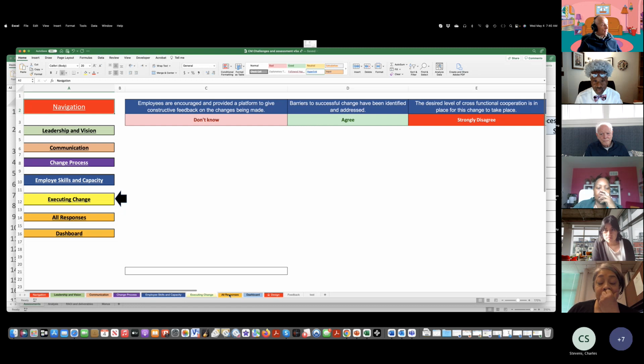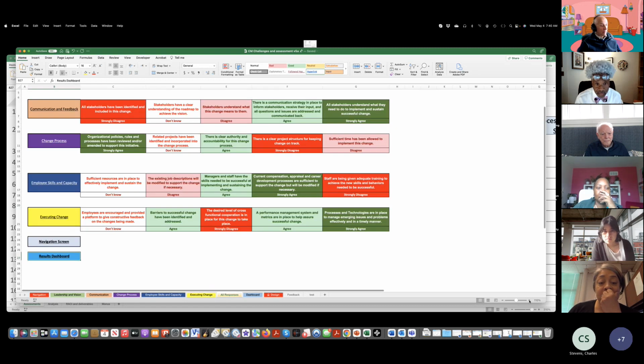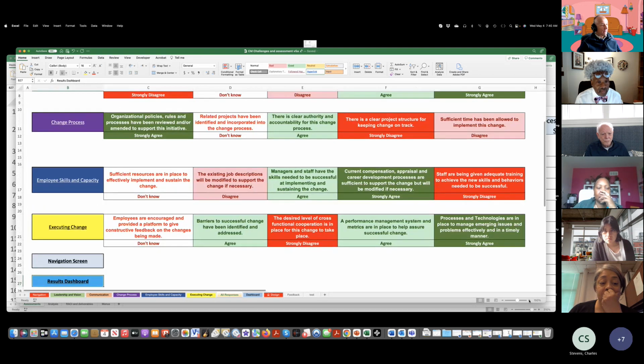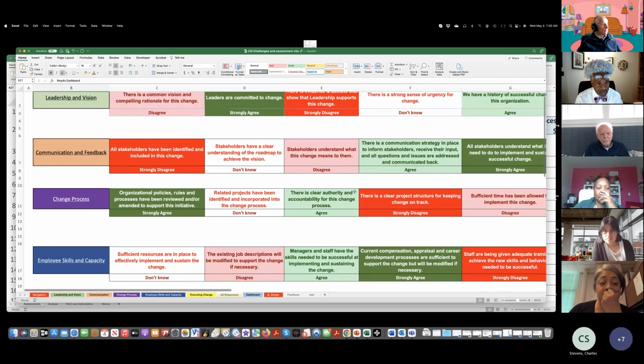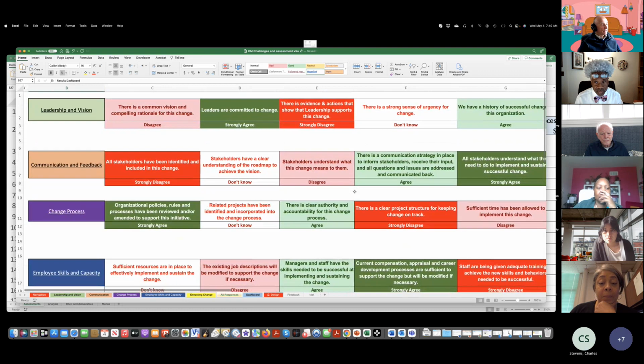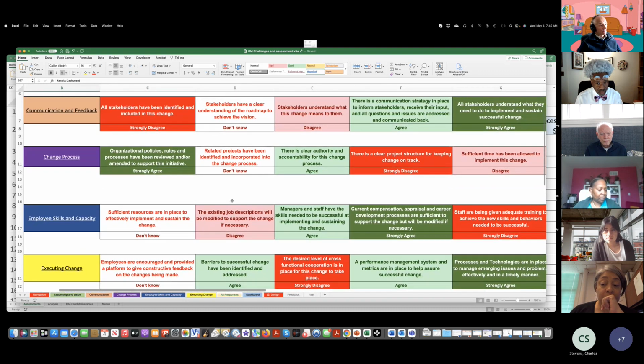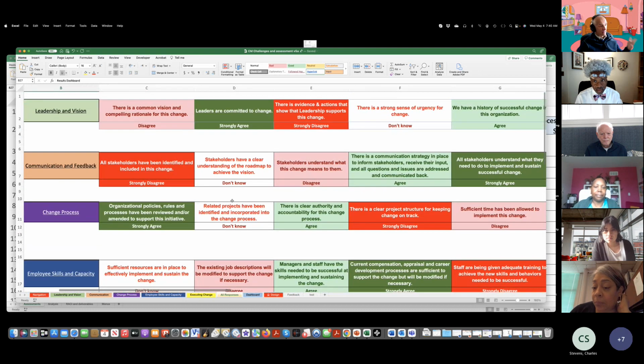Right now, when somebody enters the results, it comes out with this kind of summary where you can look at what the statements and what the answers were. That can be discussed and debated, and this would provide a basis for developing a change management plan.